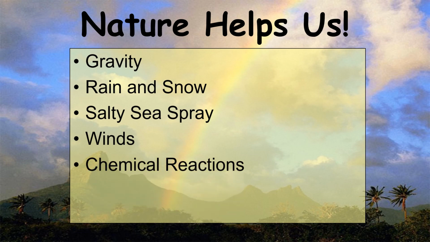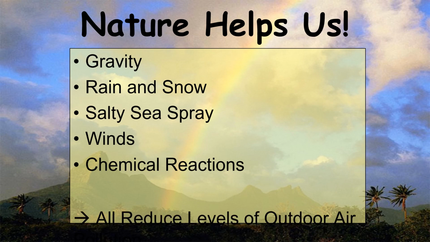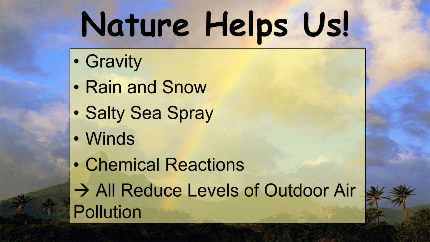Winds can carry the air pollutants away, and also chemical reactions can take place that minimize the levels of air pollutants. All of these do reduce the levels of outdoor air pollution. However, it's really just putting those pollutants in different places. So we're taking them out of the air, and maybe now they're going to fall on the ground or in a waterway or get blown to another county. It's really not fixing the problem, but nature does help us lower the levels at times.